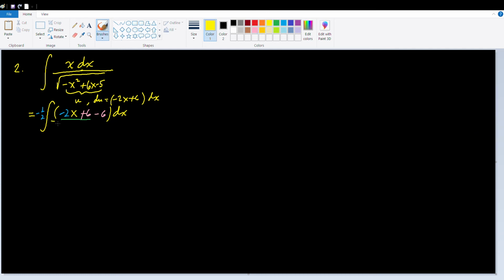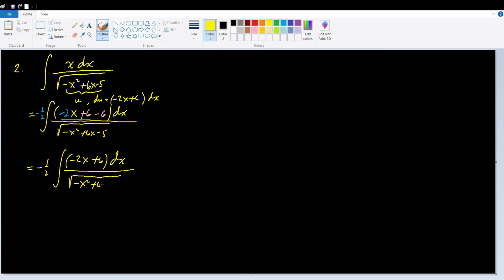So let us rewrite the denominator, negative x squared plus 6x minus 5. Then we split this into two integrals: negative 1/2 integral of negative 2x plus 6 quantity dx all over the square root of negative x squared plus 6x minus 5.